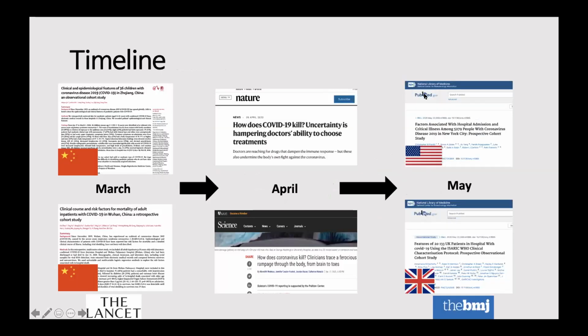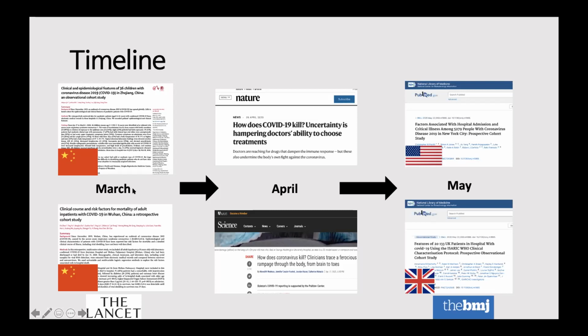So I basically gathered data from March, April, and May from 3 different countries, and also various newspapers that show how COVID killed. The first is the research paper that came out in March by hospital officials in Wuhan. This paper is quite famous. It has almost more than 3,000 citations, even though it was published in March.